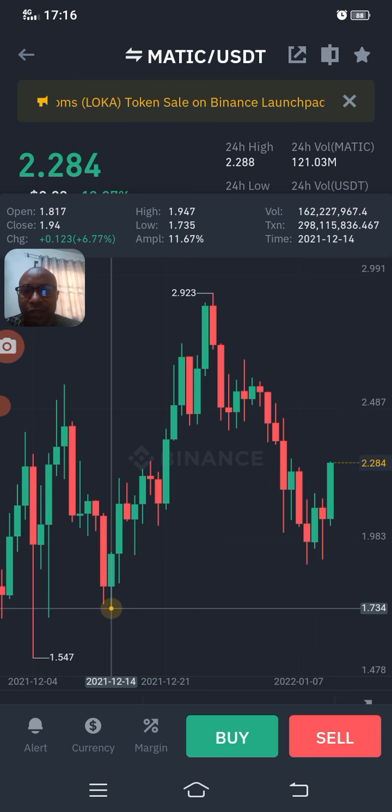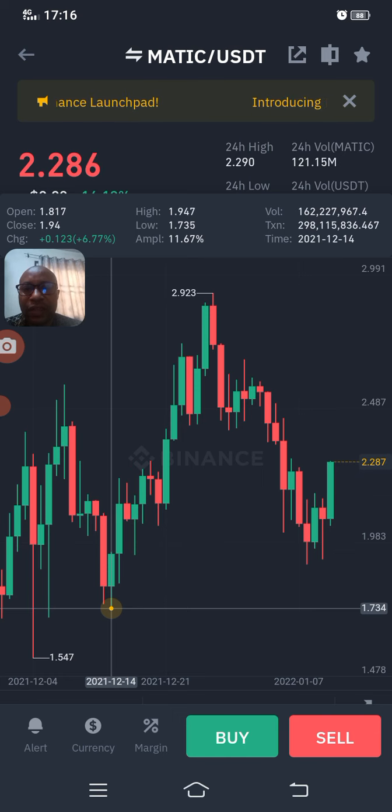And look at it play out here. When I say void, when the price moved up from $1.73, look at it, $1.73. It rallied to $2.92. Now what happened? Sellers came in and they shut the market.